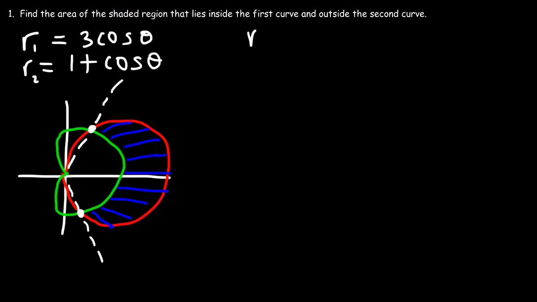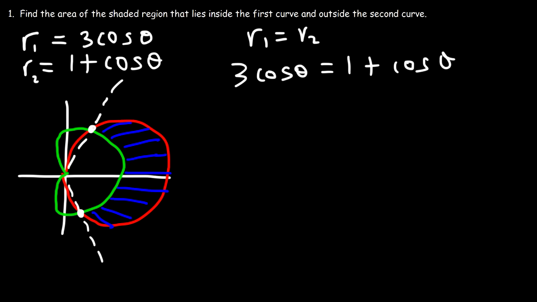So we need to set r1 equal to r2. Well, r1 is 3 cosine theta. And that's going to equal r2, which is 1 plus cosine theta. Subtracting both sides by cosine theta, we have 2 cosine theta is equal to 1.